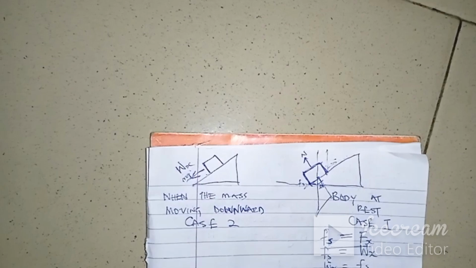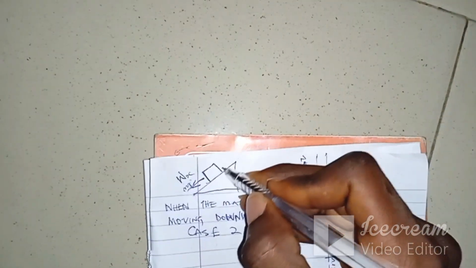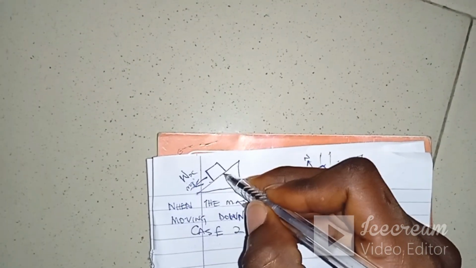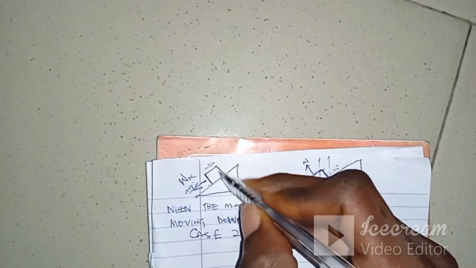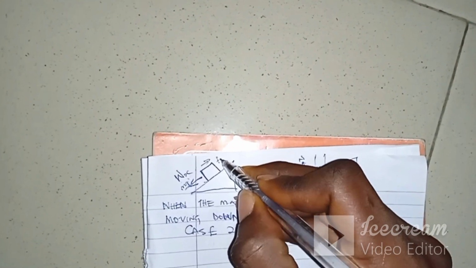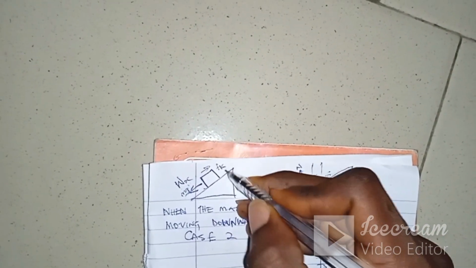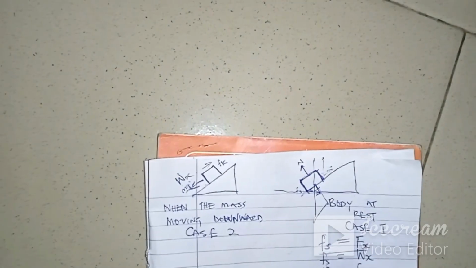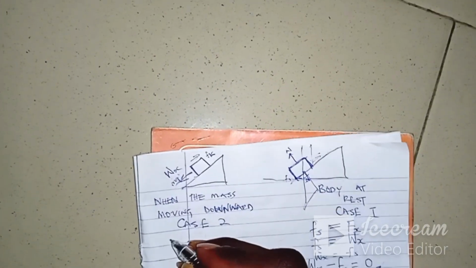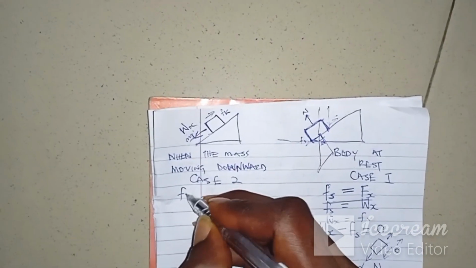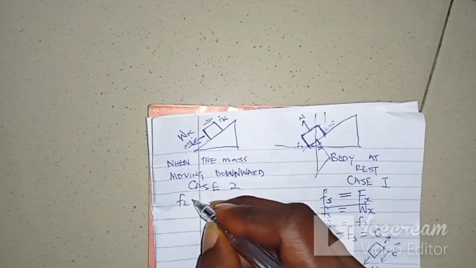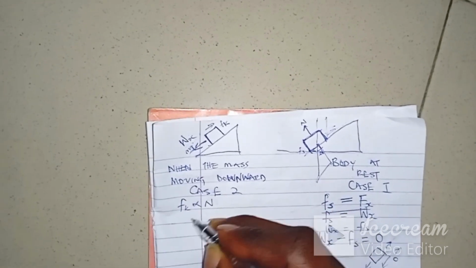Now, if this thing is coming down, notice that friction always acts in the opposite direction. That means friction should be going this way. And the friction that will be here is kinetic friction. The friction on an object when it's moving is kinetic friction. And remember that kinetic friction is directly proportional to the normal reaction.